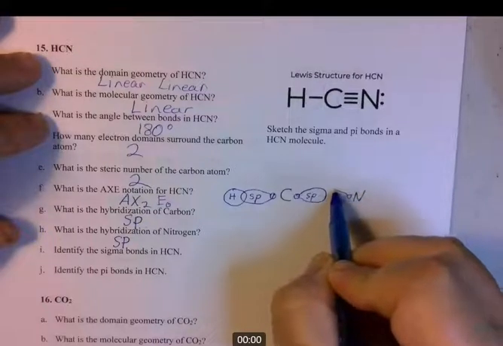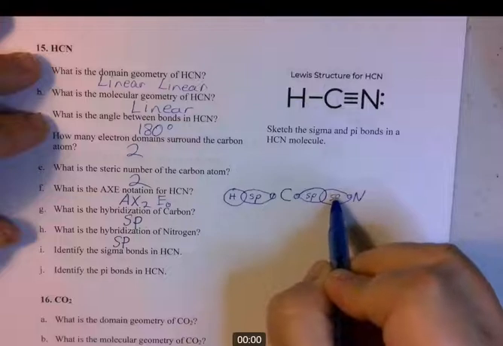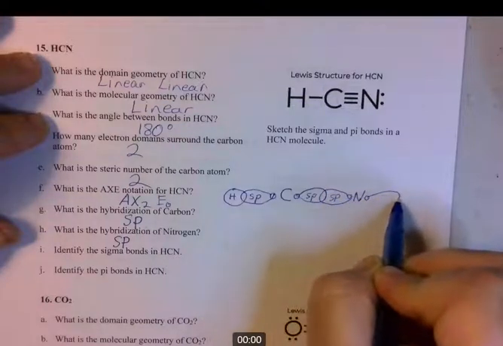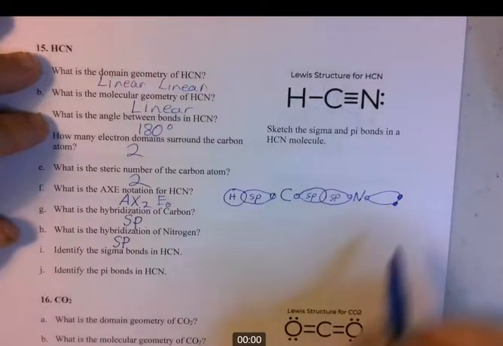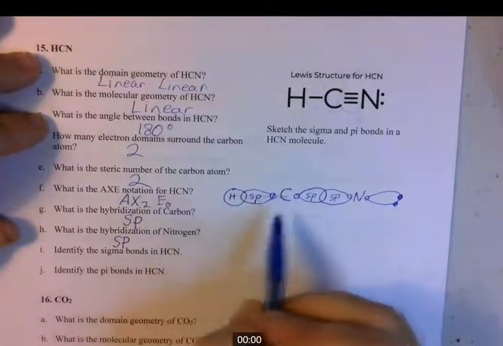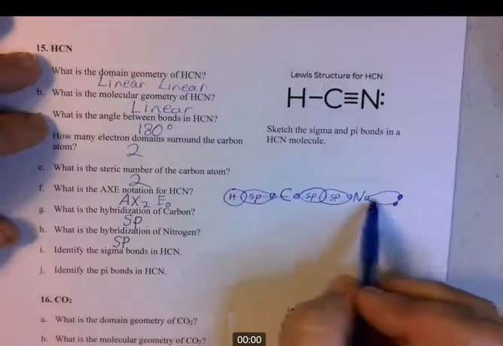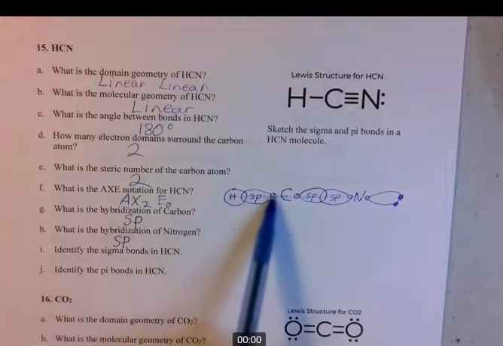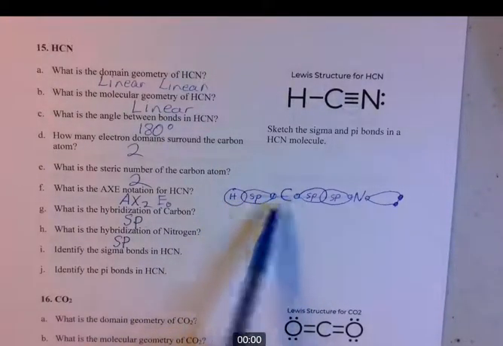And I'm going to draw my bowling pin for nitrogen there. So it's also sp. And then the nitrogen's other sp goes out the backside, and that just has the lone pair on it. So these are all sigma bonds between the carbon and the hydrogen, between the carbon and the nitrogen, and well, you don't say the nitrogen lone pair is a sigma bond, but they're all on the internuclear axis, on the axis between two nuclei.